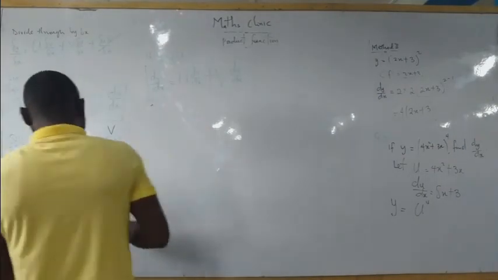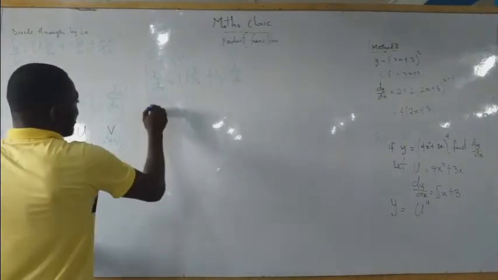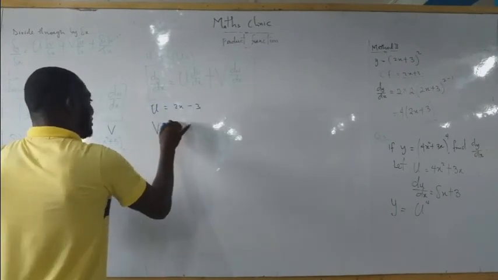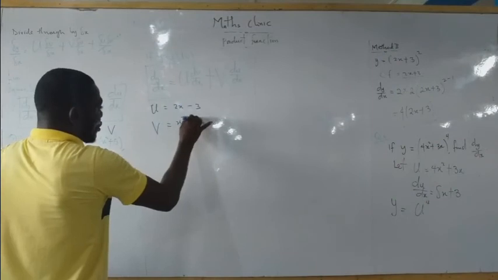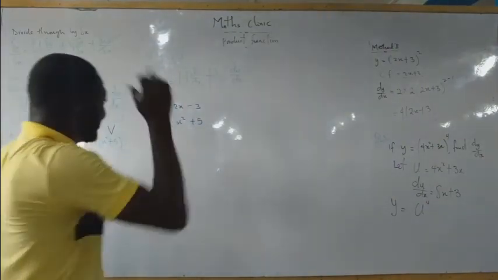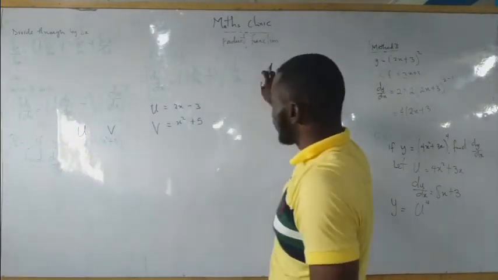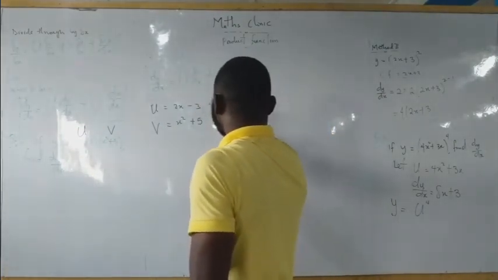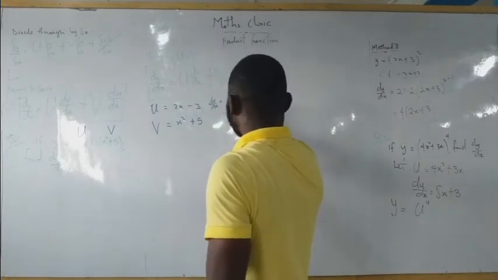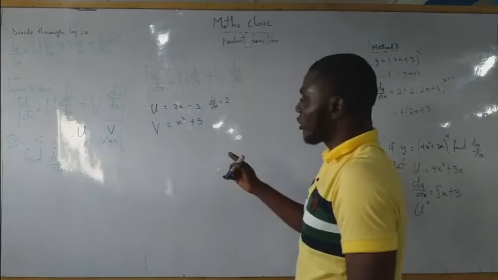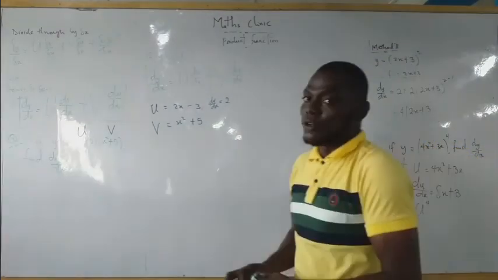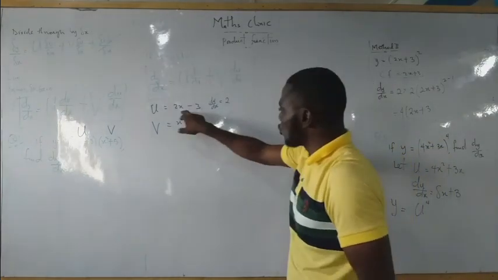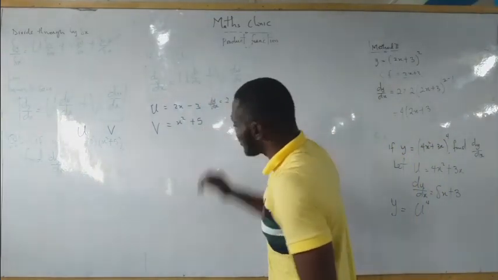So u is equal to 2x minus 3 and v is equal to x squared plus 5. In the formula we need dv/dx, and we also need du/dx. du/dx will give us 2. If we differentiate 2x we get 2, and minus 3 is a constant.